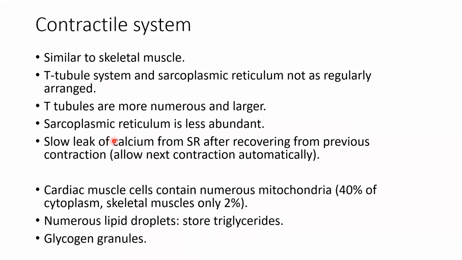The sarcoplasmic reticulum is less, and from the sarcoplasmic reticulum, there's a slow leakage of calcium. This helps to recover from the previous contraction quickly, which allows the next contraction automatically.